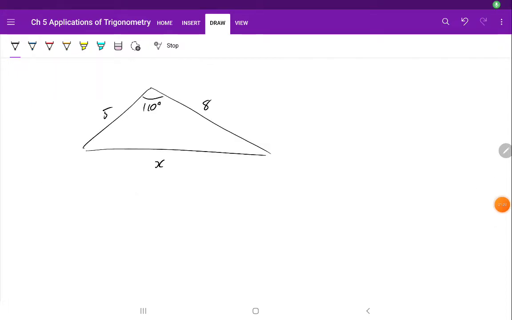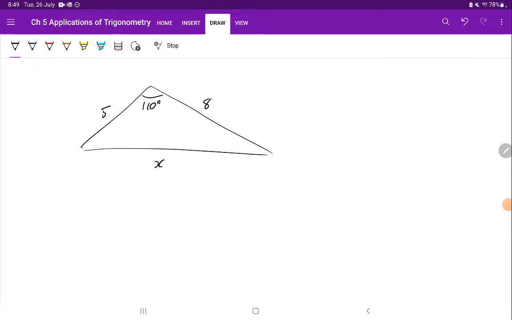Alrighty. So here we can see that we've got a triangle all written out. And so we've got 5 meters for this side, 8 meters for this side. Now, one of the big things to just remember with this is that you're usually either going to want to find exactly one angle or you're going to be looking for exactly one side.